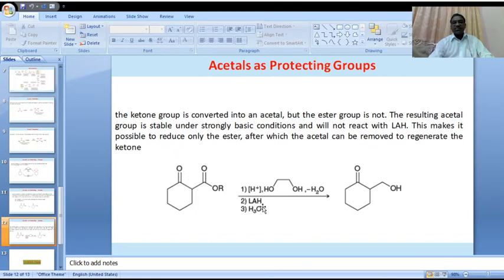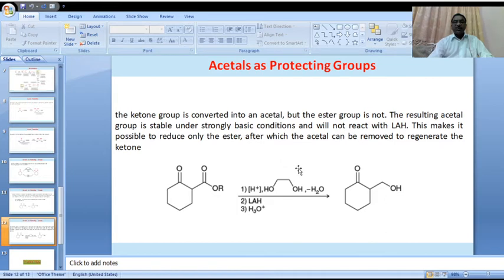Is it clear? This makes it possible to reduce only the ester function group, with no change in the ketonic function group or acetal compound.